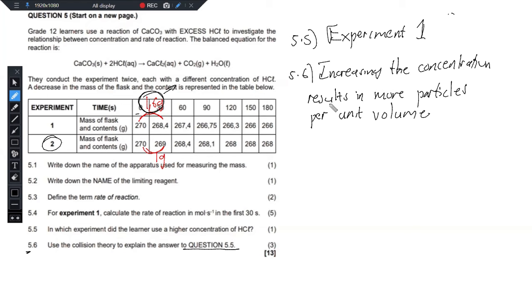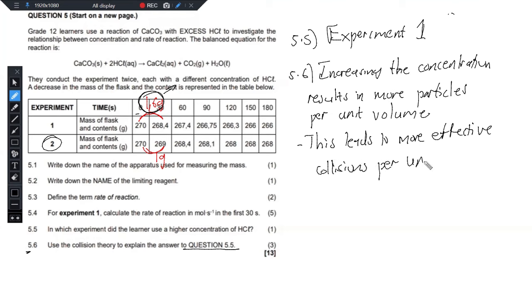So there will be more particles in the reaction vessel. And then this will lead to what? This leads to more effective collisions per unit time.